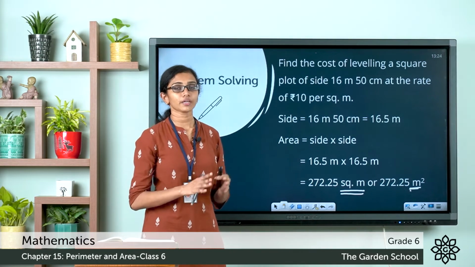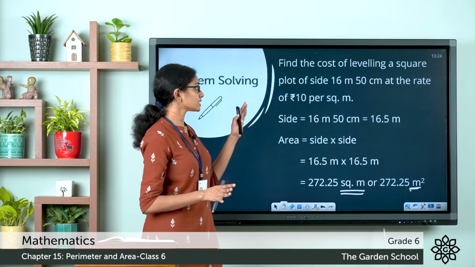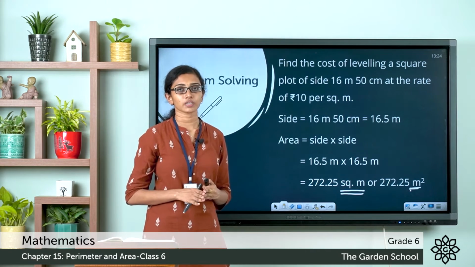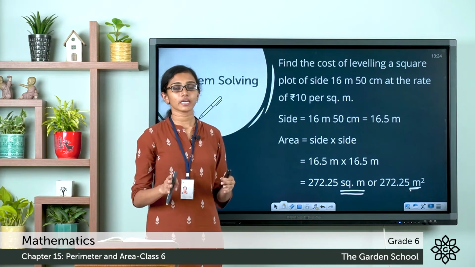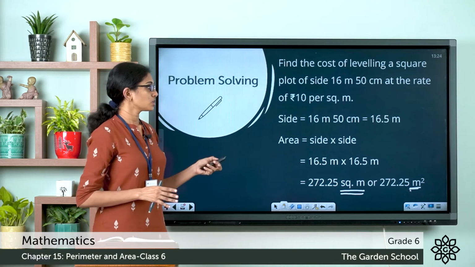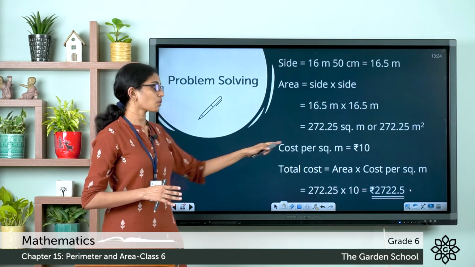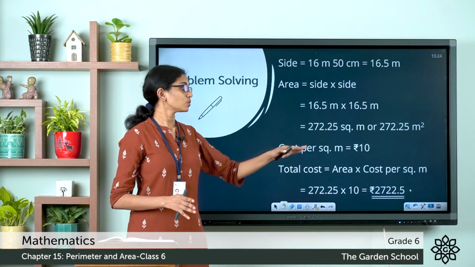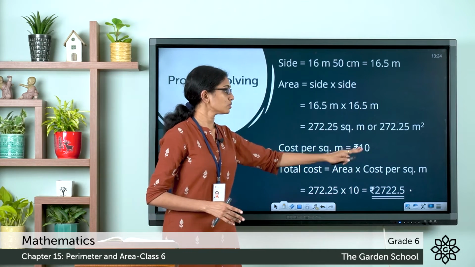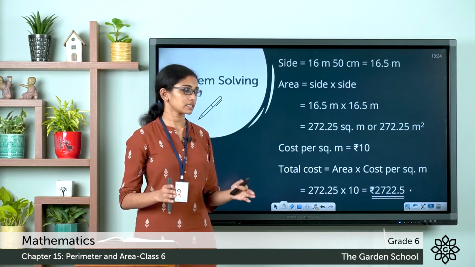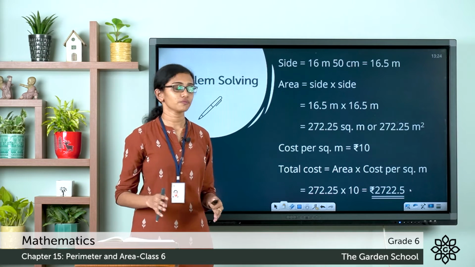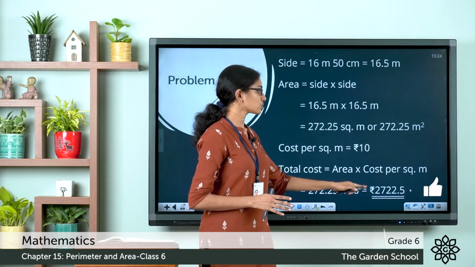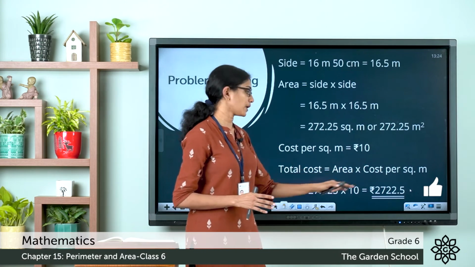Now we got the area of the square plot and it says per square meter it would cost them rupees 10 to level up the plot. Now that we got the area, we can easily calculate the total cost. So the cost per square meter is equal to rupees 10 and the total cost will be equal to the area of the plot into the cost per square meter, that is 272.25 into 10, which is equal to a total of rupees 2722.5.